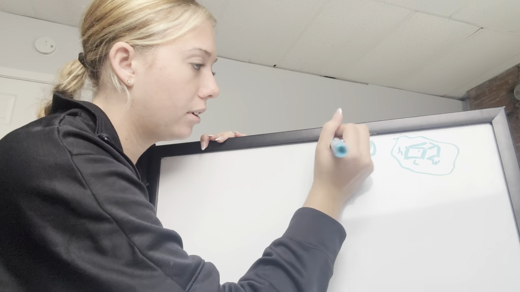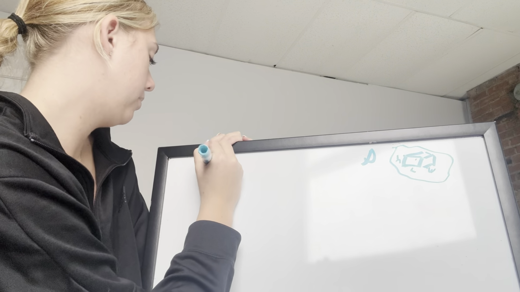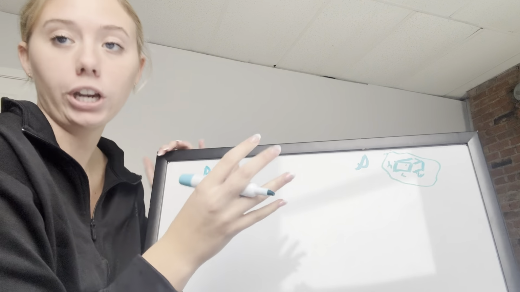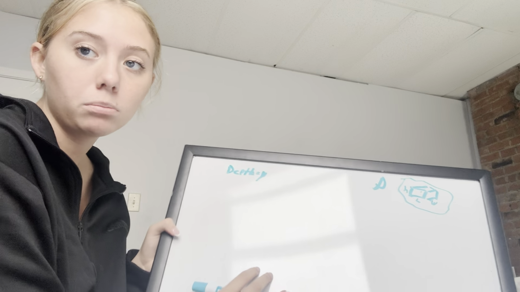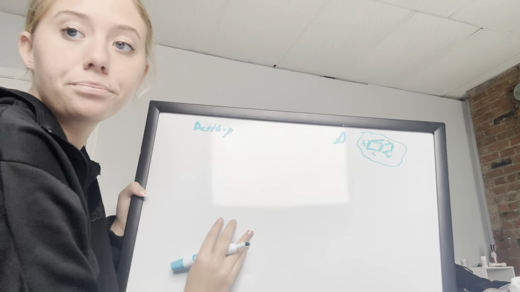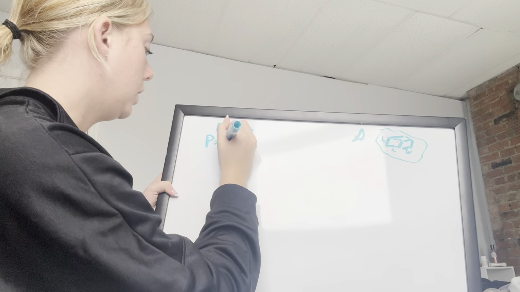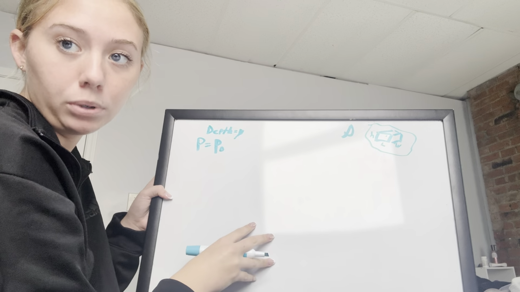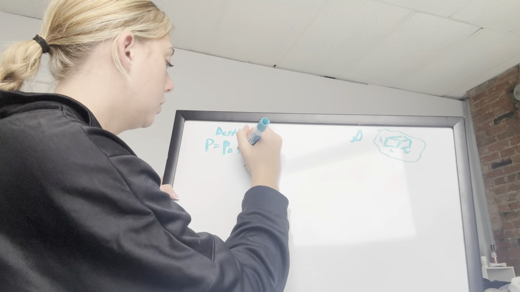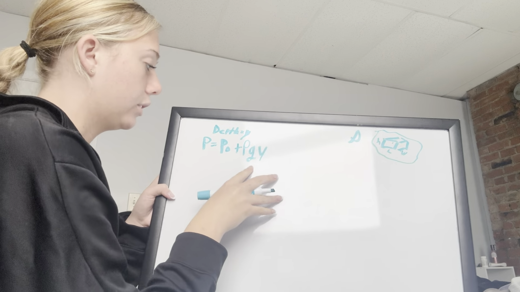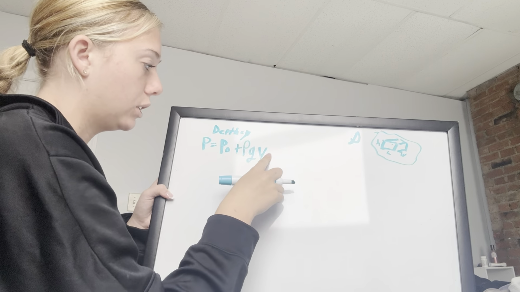Our depth equals y, because this is going to change depending on the top and bottom of the prism. With this, we know that P is going to equal P0, which is the atmospheric pressure, plus rho g y. So we have our gravity, and then we have our depth.